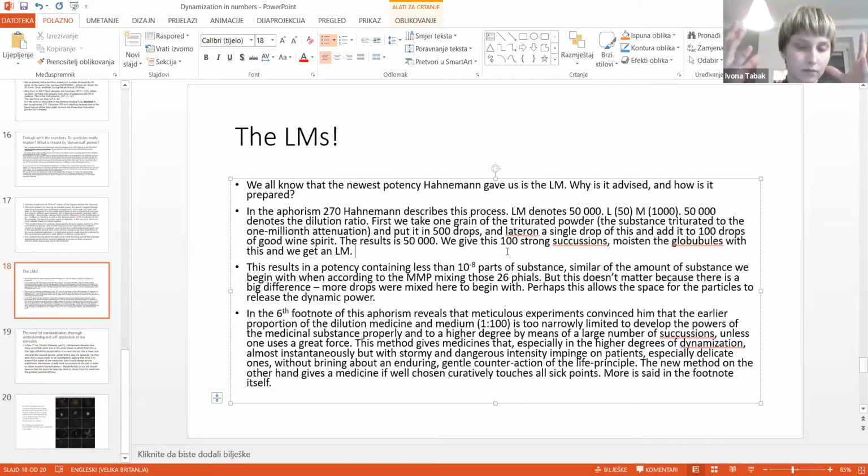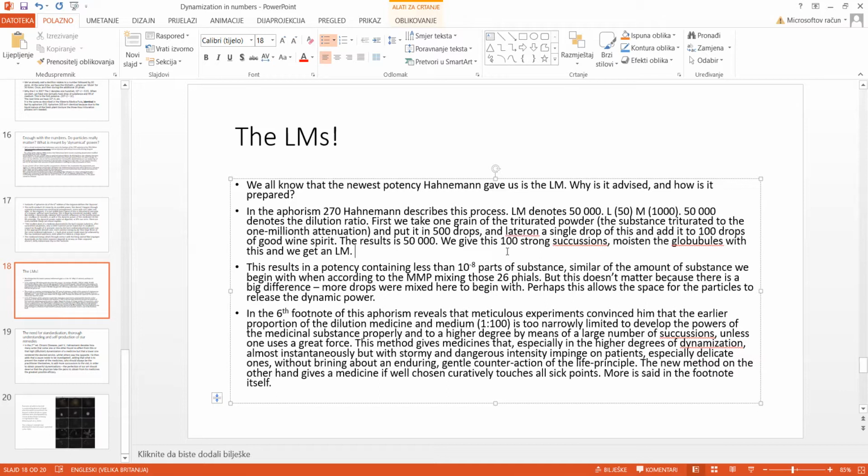Actually, I feel like he's trying to say this is the only proper way to bring relief to the patient, because he clearly says that with the C scale, we will get medicines that impinge on the life principle of the patient with stormy and dangerous intensity. So this is not good. Hahnemann mentioned here that it touches all sick points.